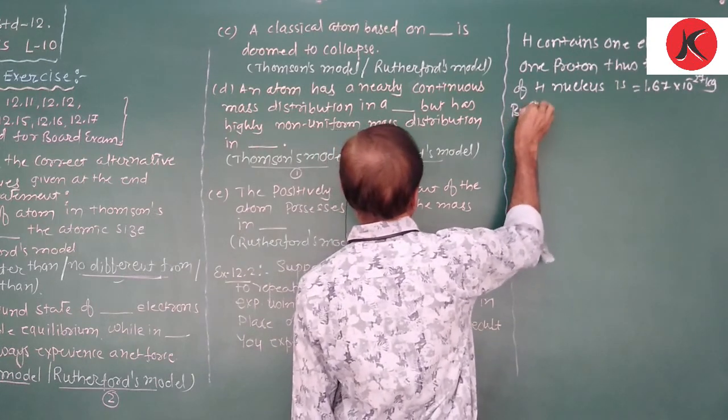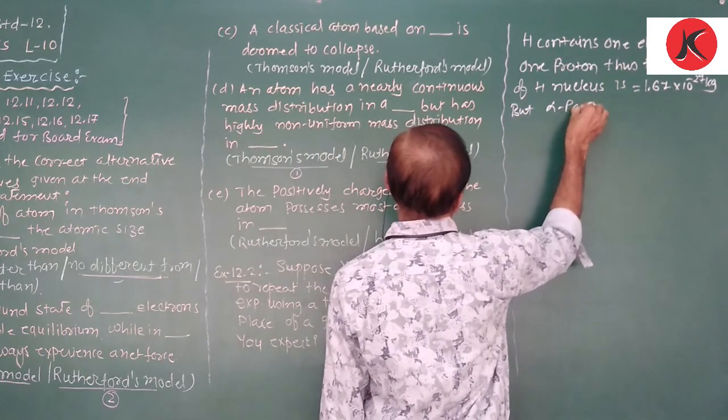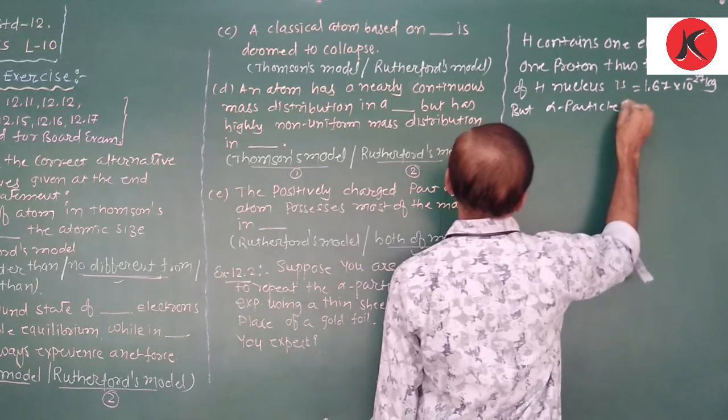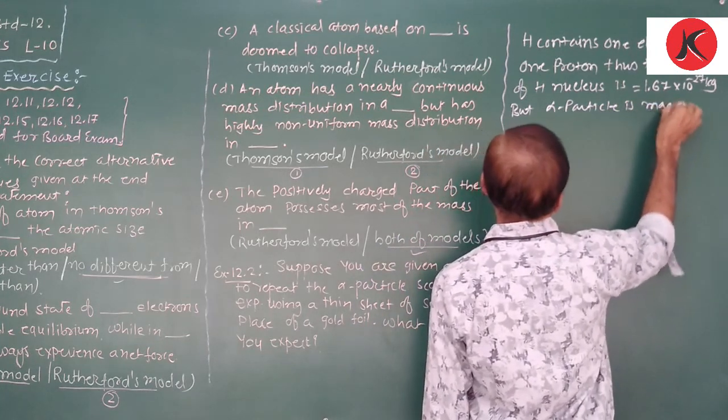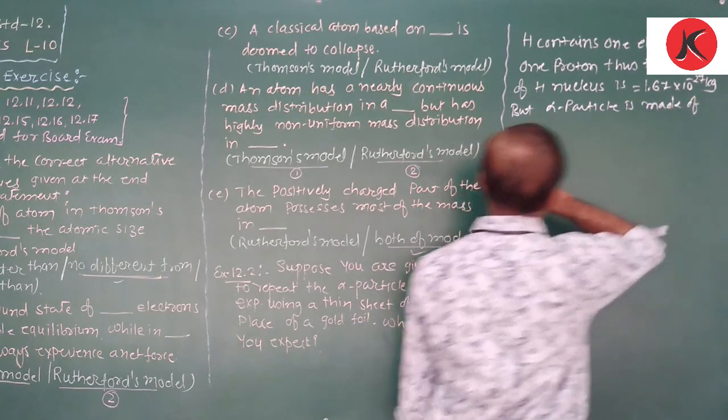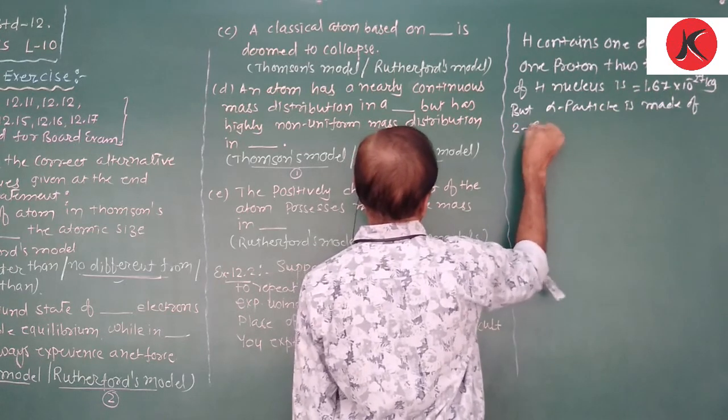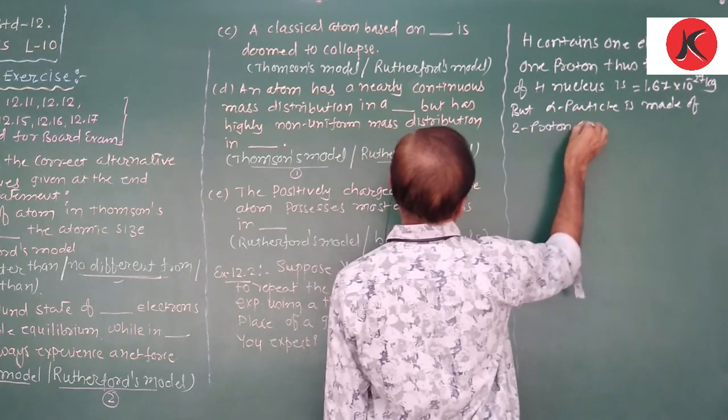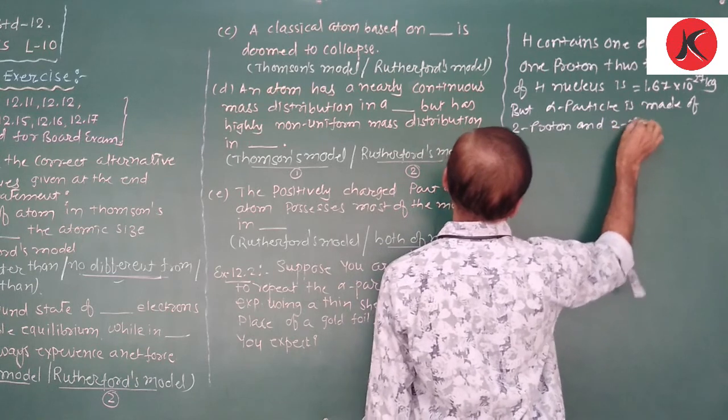But the alpha particle is made of 2 protons and 2 neutrons.